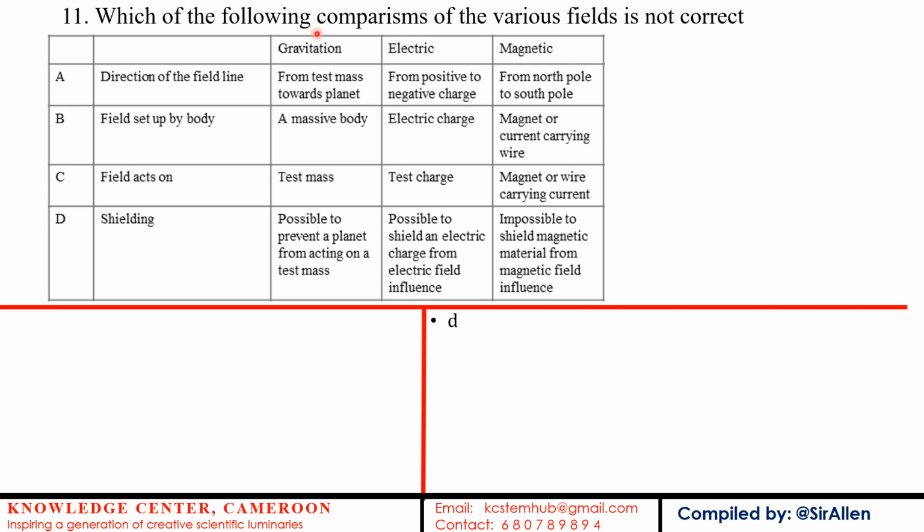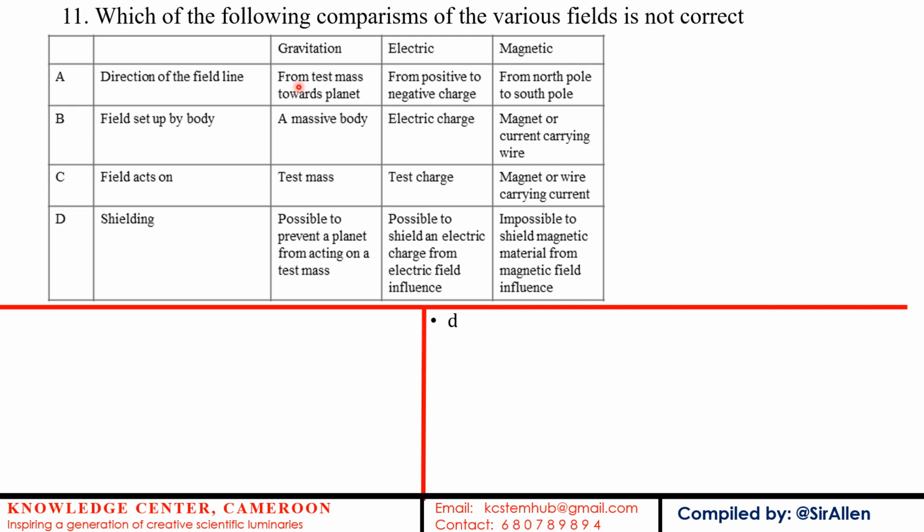All right, so which of the following comparisons of various fields is not correct? So we have to pick out the ones that are correct first. Direction of the field line, for gravitational field from test mass towards the planet, correct. That is the whole point of your weight. Where does your weight act?